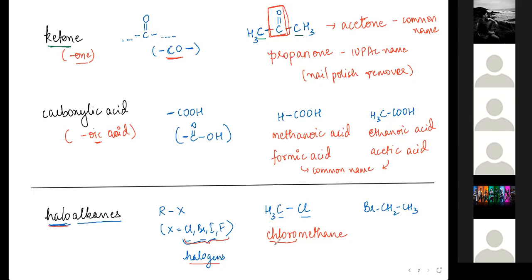The naming convention follows exactly what we have written here. Halo refers to whatever halogen is there. In this example, I took chlorine, so we take halo's short form, chloro. Then what is the hydrocarbon part? One carbon, so methane. Correct.